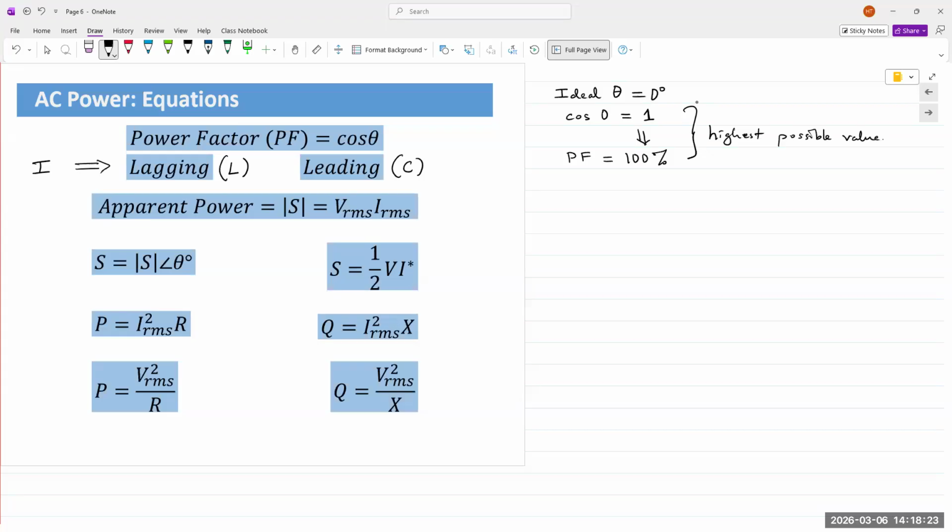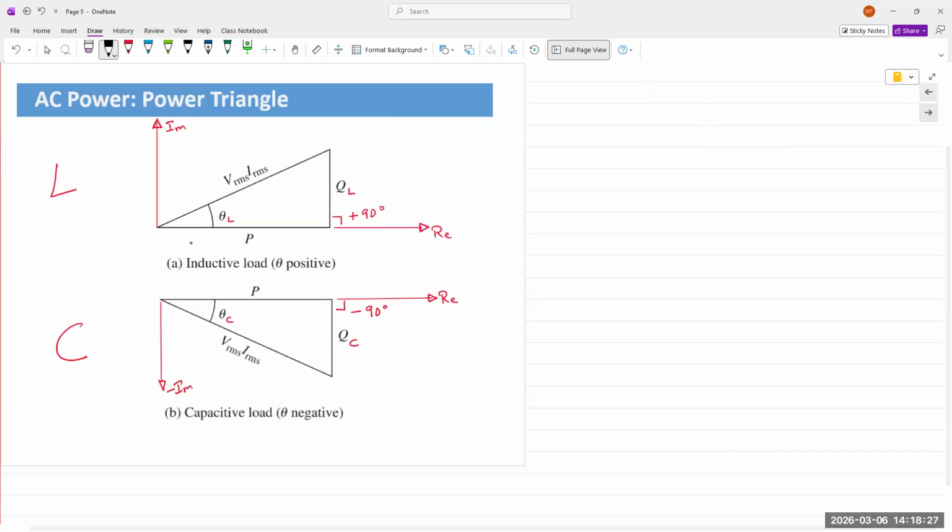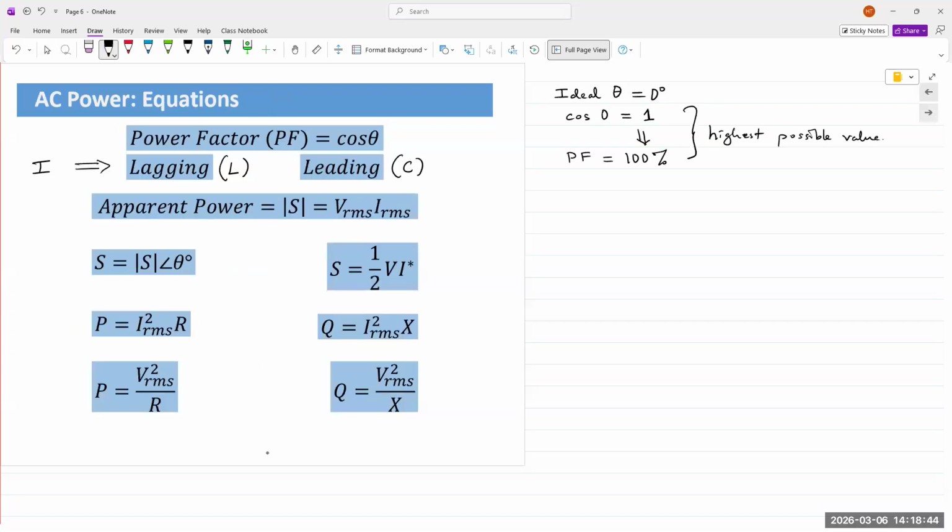All right. Now you may have noticed in the power triangle, you had P, you had Q, and you have the hypotenuse of a right angle triangle, which is the product of the voltage and the current, specifically the RMS value or the effective value of the voltage and current. This value is termed the apparent power, which is the magnitude of S, the total complex power.